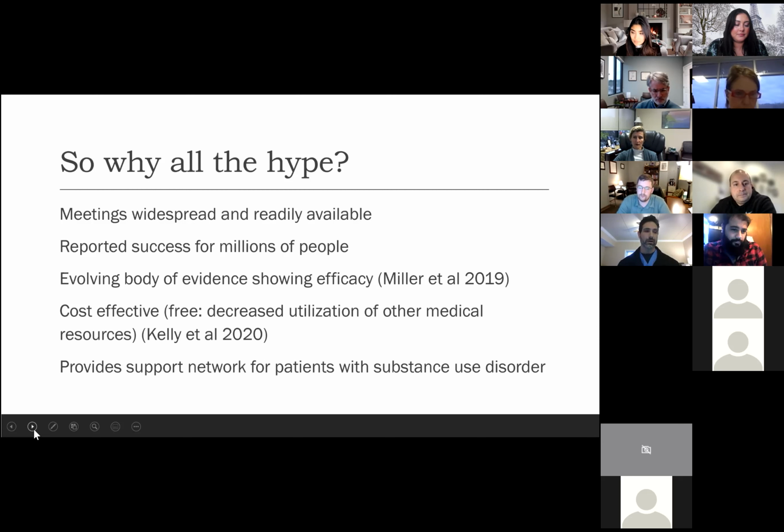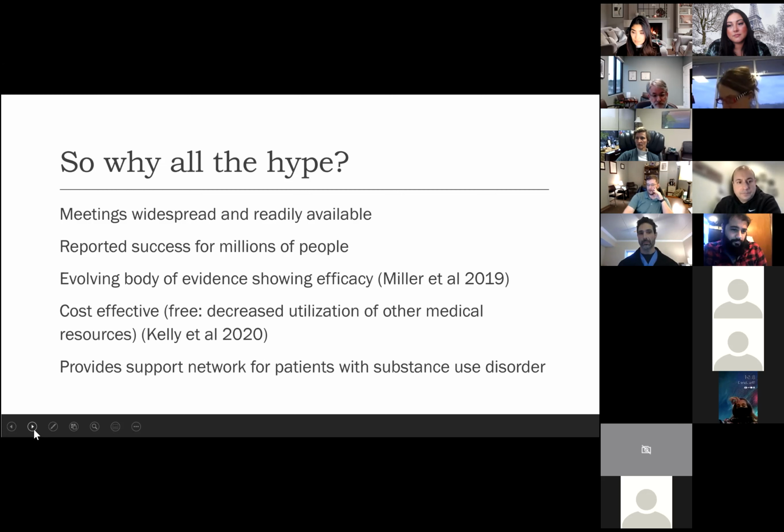But chances are many of these programs aren't going to be available in local communities, especially here in West Virginia, where we have such a rural population. So it behooves us to know what these things are. There are some issues with 12-step programs. They're not perfect, but because they are so available, we really want to be familiar with them and be able to converse about them intelligently with our patients.